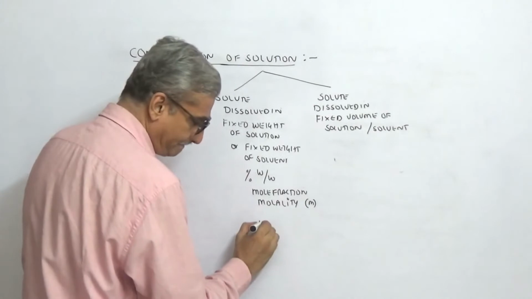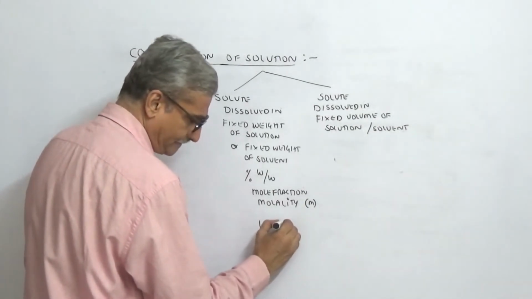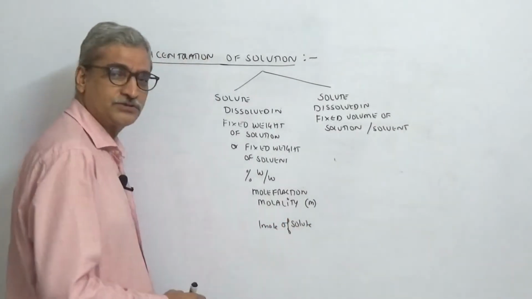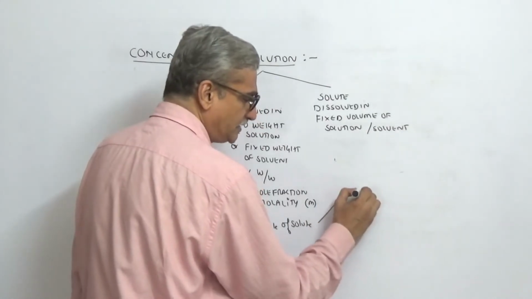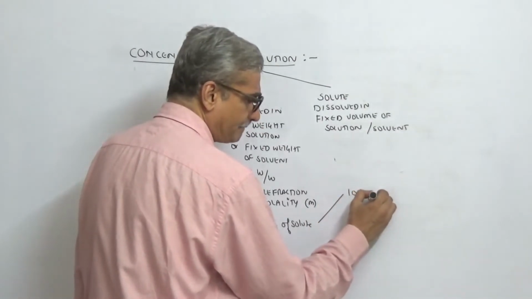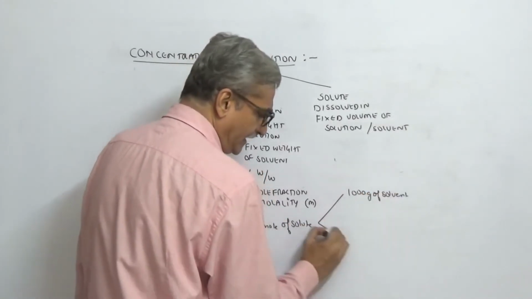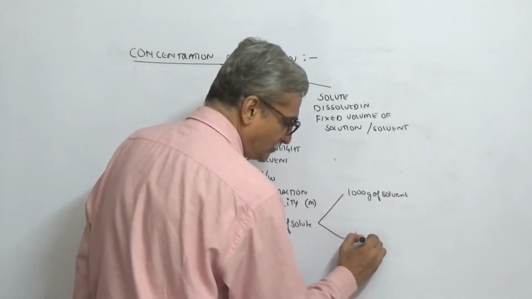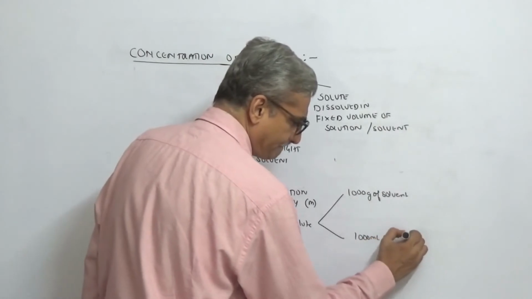I have 1 mole of solute, so your solute is decided. I am dissolving this in 1000 gram of solvent, and in the other case I am dissolving this in 1000 ml of solution.